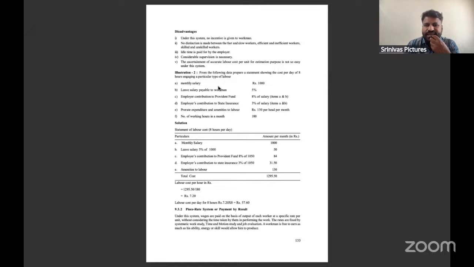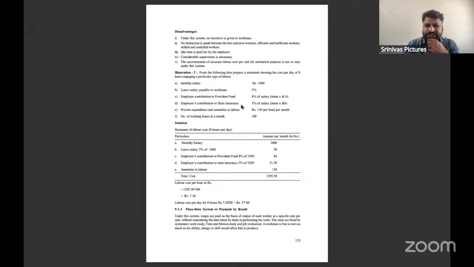Monthly salary is 1000 rupees, leave salary payable to the workman is 5%, employer contribution to provident fund is 8% of salary A and B. So the monthly salary and leave salary payable to the workman are both included in the calculation of provident fund.